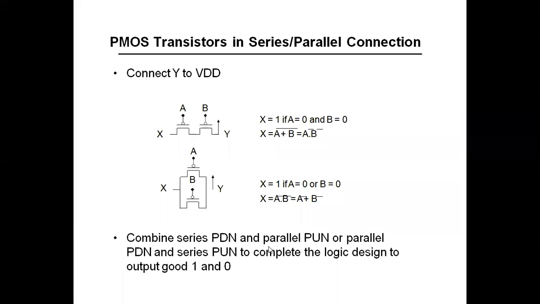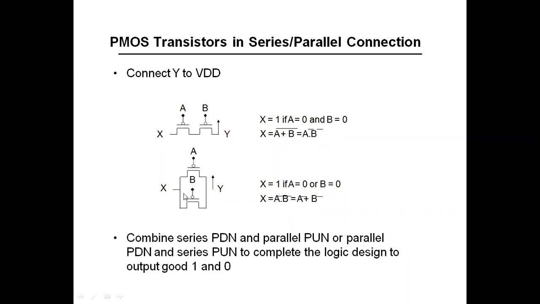Now, what happens when this Y is connected to the VDD, as it's a pull-up network, right? So in case of PMOS, it is always connected to the VDD. Now, suppose this Y is connected to the VDD, and X is equal to 1, then what happens? If A and B both are 0, then X is equal to A and B bar.